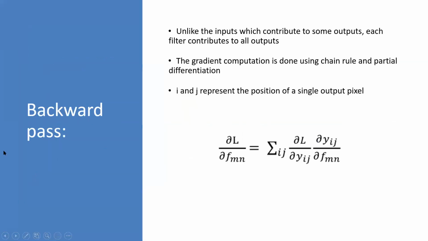Remember, to get the gradients with respect to the filter, just like we talked about when doing the forward pass, we have to check which outputs the filter contributed to.